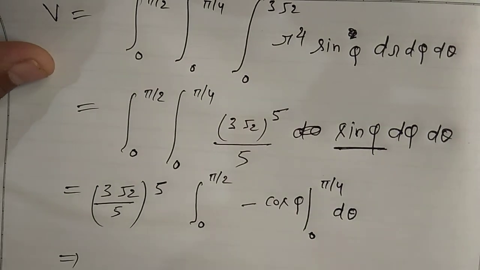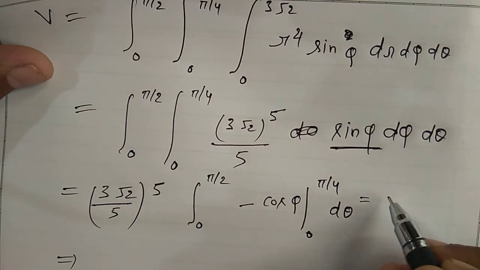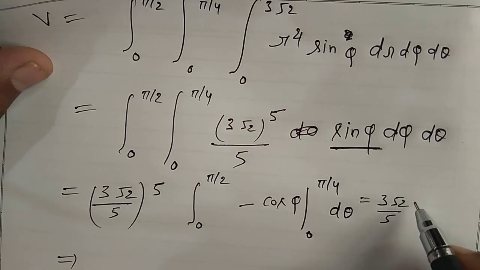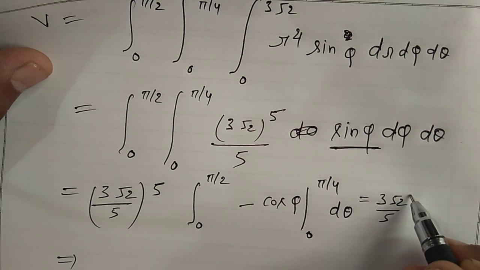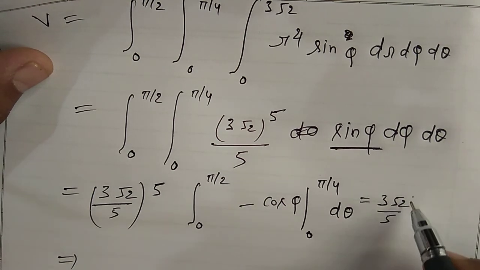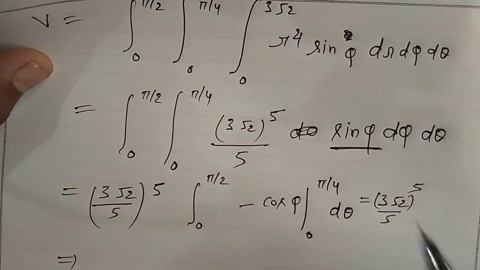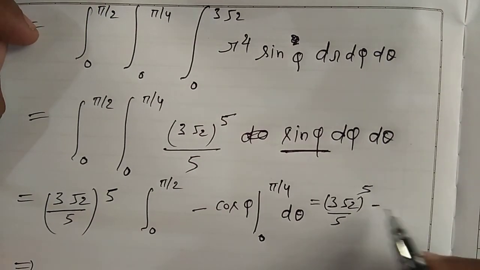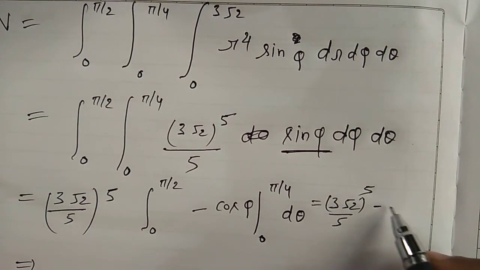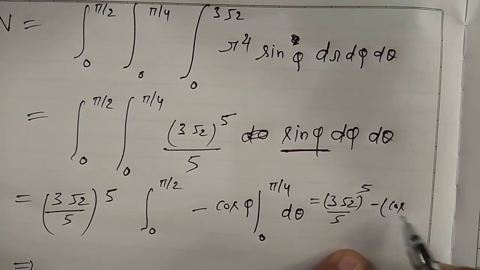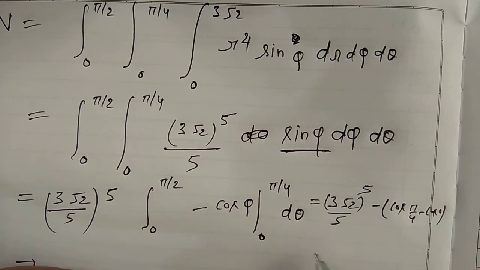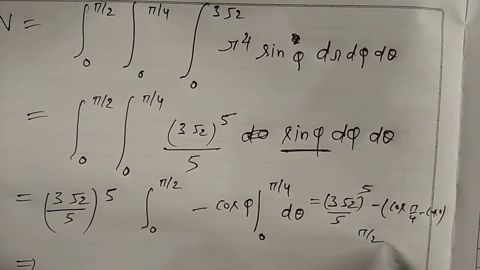If you simplify, we get 3 root 2 power 5 by 5, and this is the minus cos phi, so minus cos pi by 4 minus cos 0, and the last integration is theta from 0 to pi by 2, which gives pi by 2.